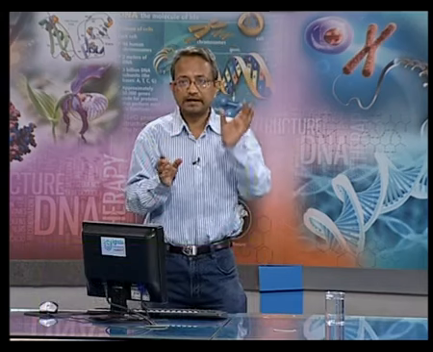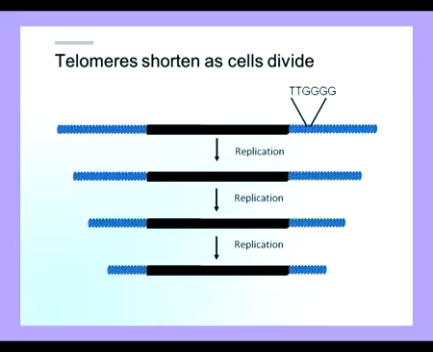If the division becomes more prominent and the length reaches a critical length, then the cell gets a signal that I have to die now. I cannot replicate further, I cannot divide further. So the length of this chromosome will decide whether a cell is going to die or is going to divide further.